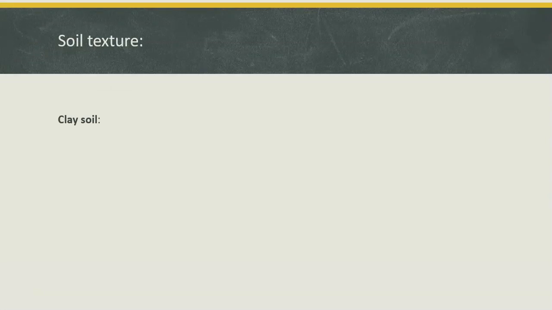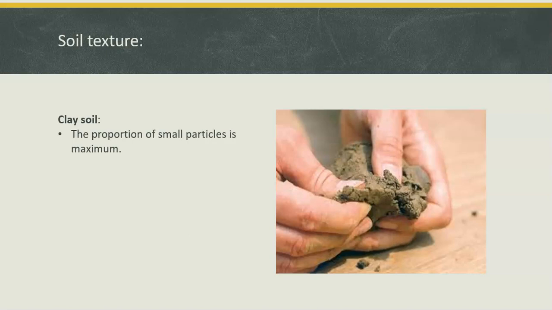The third type of soil we are going to discuss is clay soil. The proportion of small particles is maximum. In this type of soil, the particles are minute compared to sandy soil and silt soil. As you can see, it's like clay. This is the type of soil which is normally used by potters to make pots.